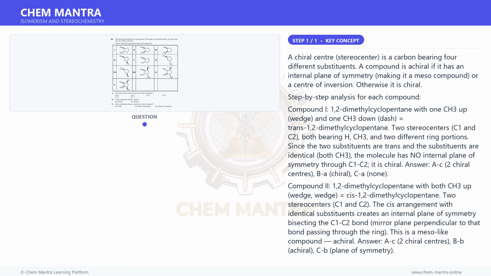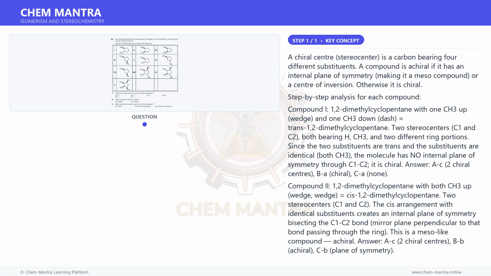Compound 6: 1,3-dimethylcyclopentane with CH3 up at C1 and CH3 up, wedge. Actually shown as dash giving down, from the image description, 6 has CH3 wedge at the top carbon and CH3 dash at the bottom, which is equal to cis-1,3-dimethylcyclopentane. Wait, re-examining, 6 shows CH3 wedge and CH3 dash at 1,3 positions.